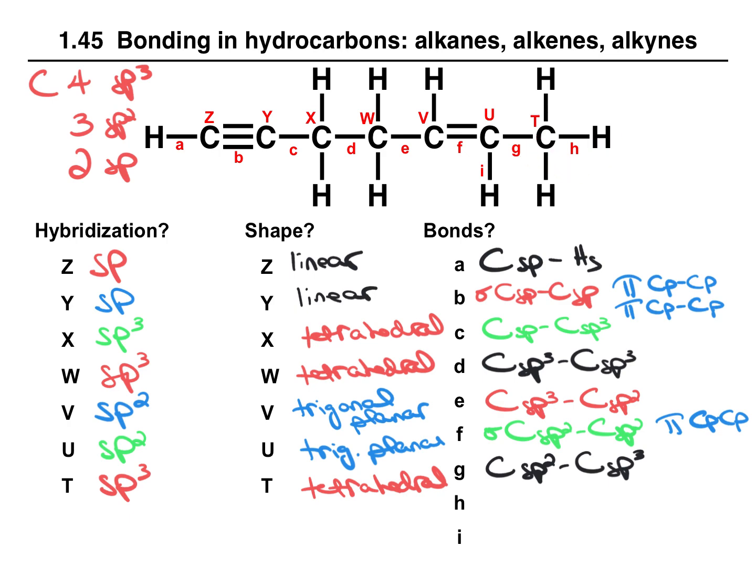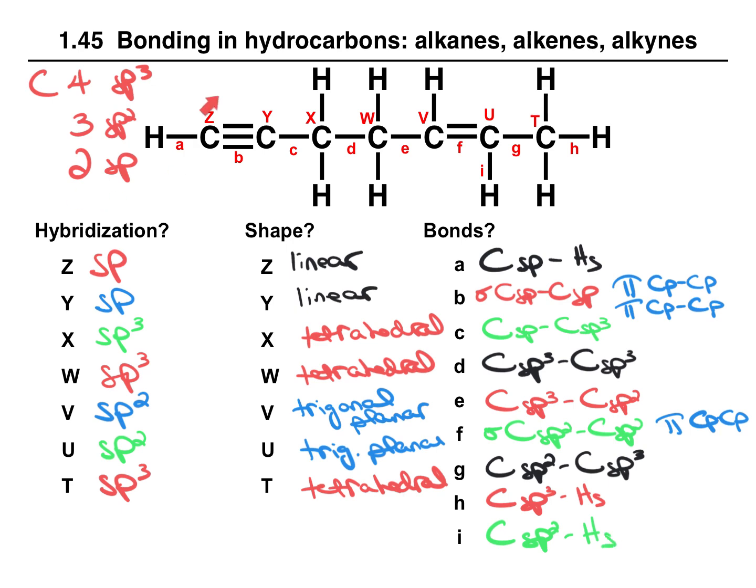So this would give us a carbon sp3 overlapped with a hydrogen s. And finally, I, we have our hydrogen bonded to our carbon that is sp2 hybridized. So this bond must be due to a carbon sp2 hybridized overlapped with a hydrogen s.